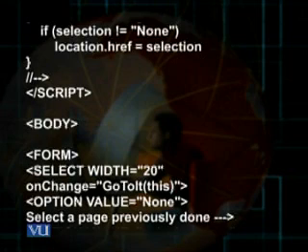Select width equal 20 would tell the browser that the box in which these options are to be shown should be of such a width that it can accommodate up to 20 characters. Then there is the event handler onChange, and I set its value goToIt, and within the small bracket I have written the keyword this.